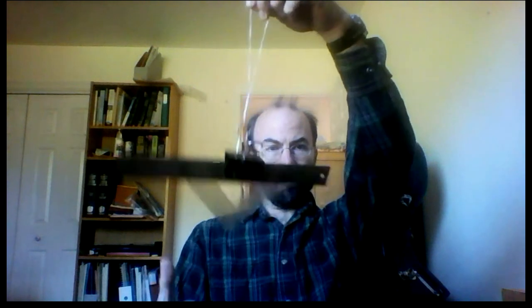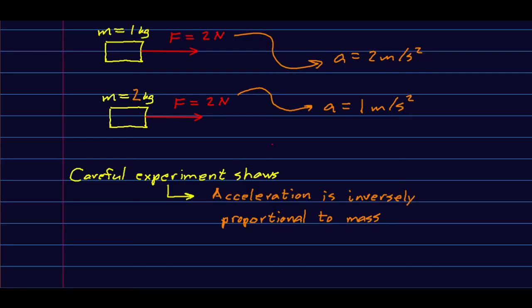And it'll accelerate up towards your hand. Now, remove some of the mass and try it again, and it'll accelerate up towards your hand much faster. So the experiment you just did shows that when you decrease the mass, if you keep the force the same, the acceleration increases.